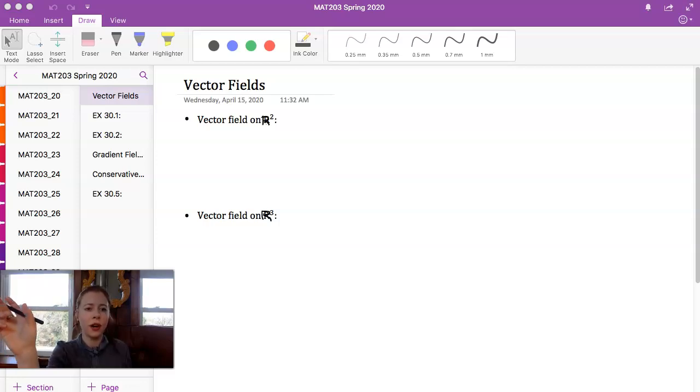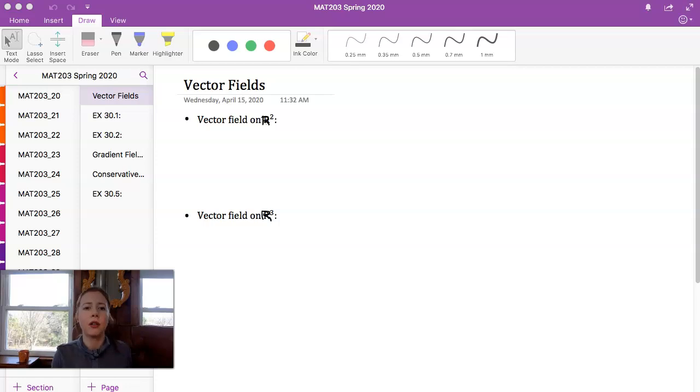So the longer that arrow is, the stronger the pull, the force, the attraction of gravity is. As you get closer and closer to that center of mass, the longer those arrows become, and they're all pointing towards the center of mass, because that's where gravity is pulling. That's where all the vectors would be pointed.